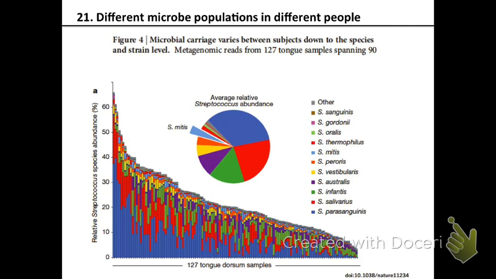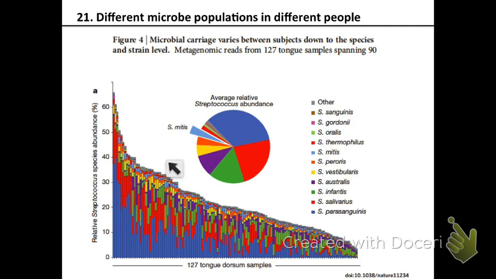So in this plot, what they're plotting is the relative abundance of this particular species. This is Streptococcus, right? Species in the tongue samples. So 127 tongue samples. Each sample is shown on the x-axis, and the percentage of strep is shown on the y-axis.